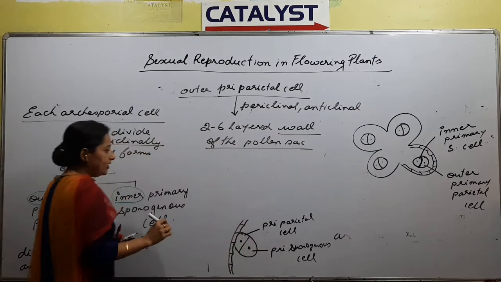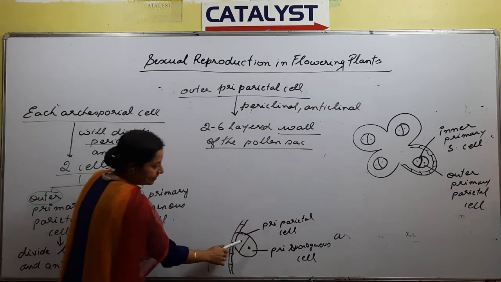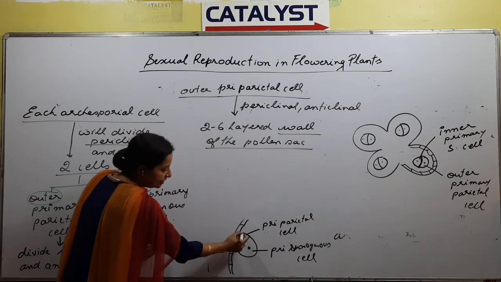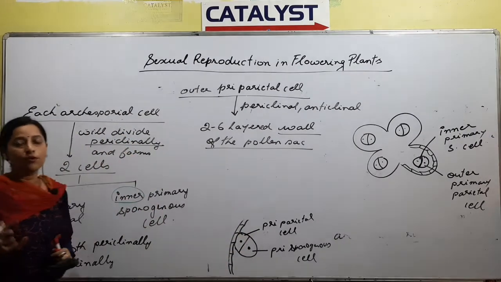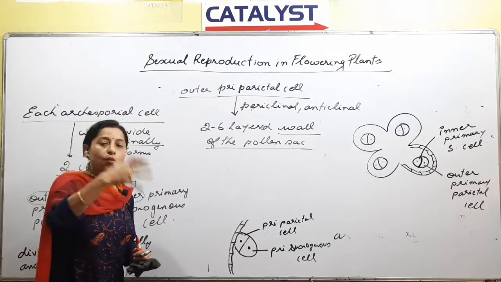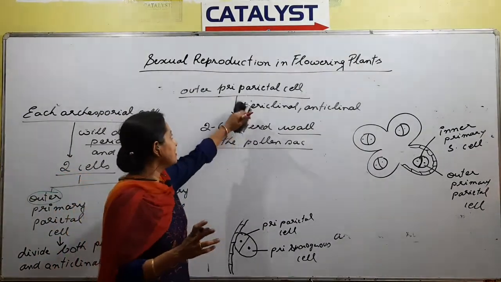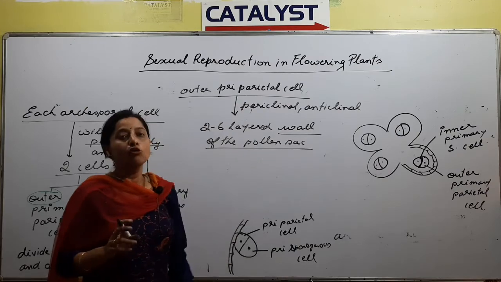So the parietal cell divides and redivides, forming many layers of cells. The wall of the pollen sac is a result of the division of the outer primary parietal cell.